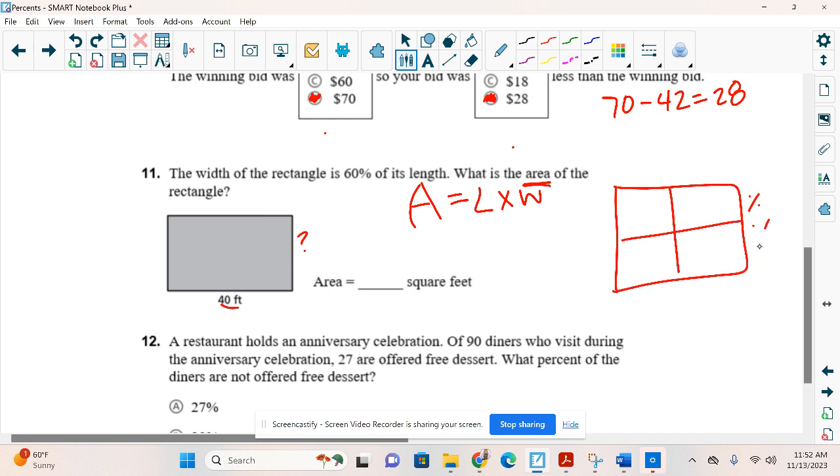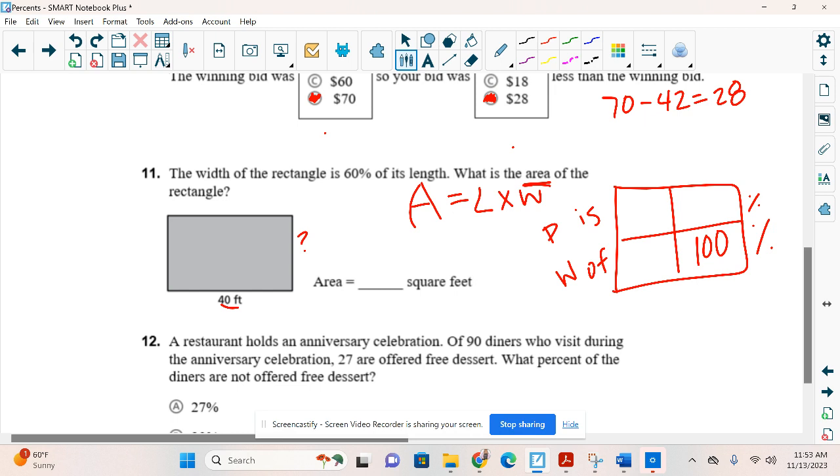So percent, 100 is of or part to whole. Okay. I'm waiting. So what can I plug in?